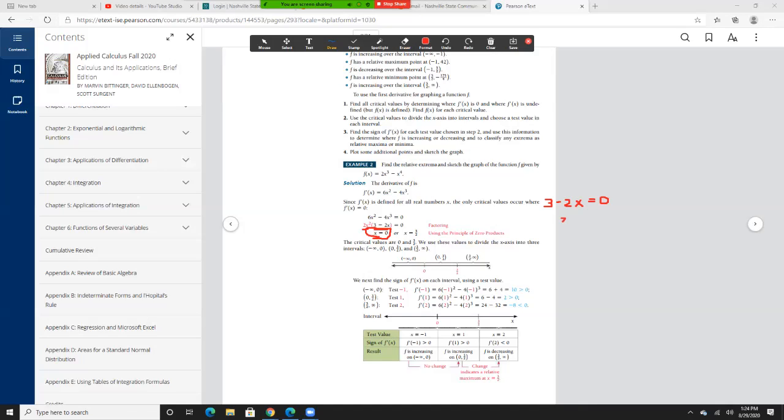If I add 2x to both sides, I would have 3 is equal to 2x. And then I would just divide both sides by 2. If I divide both sides by 2, I get x is 3/2. That gives me my two critical values, right? x is 0 and then x is 3/2. Those are my critical values.